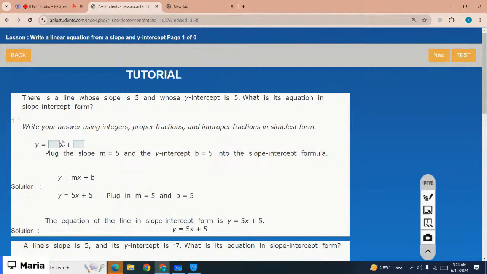There is a line whose slope is 5 and whose y-intercept is 5. What is its equation in slope-intercept form?